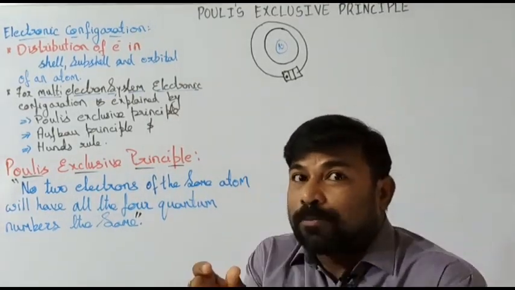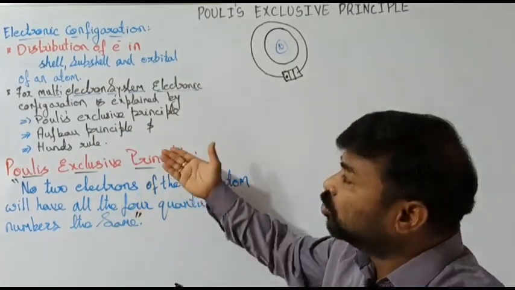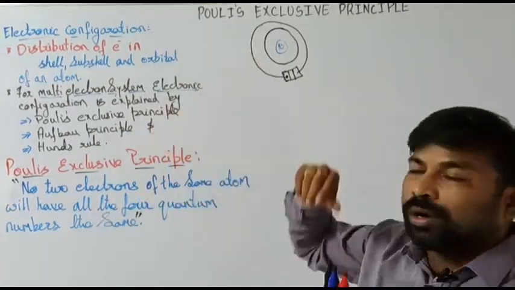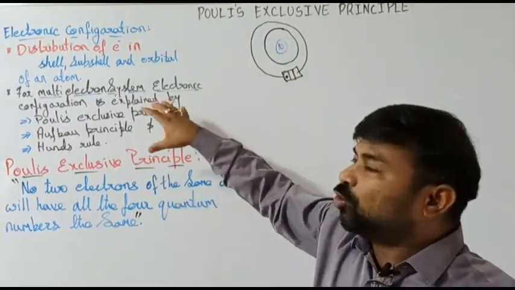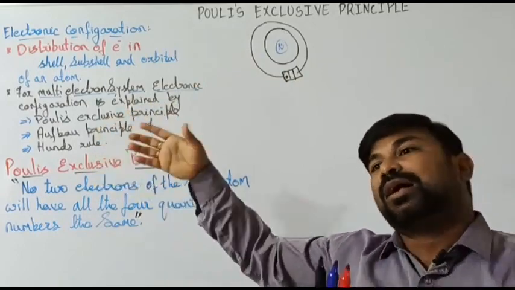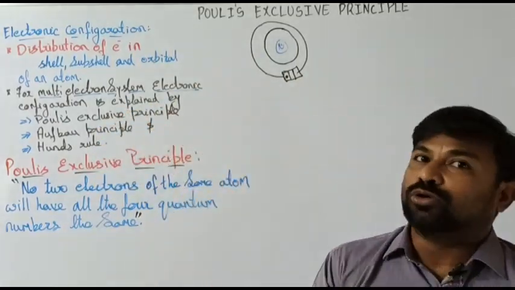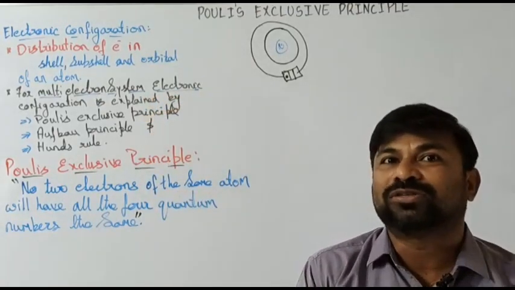The orbital which is having less energy should be filled first according to the Aufbau principle. In the same way, there are certain rules, right? So as the rules say how the electrons should be filled in multi-electronic elements, we are going to know. Multi-electron system is also called a poly-electron system.